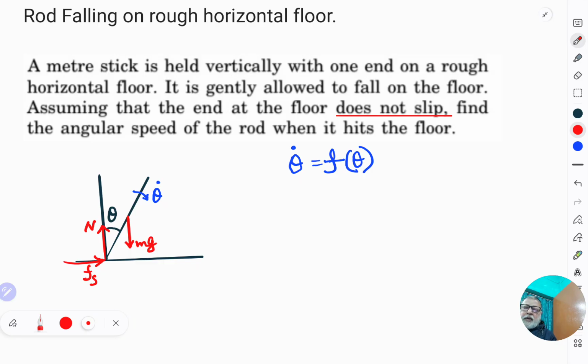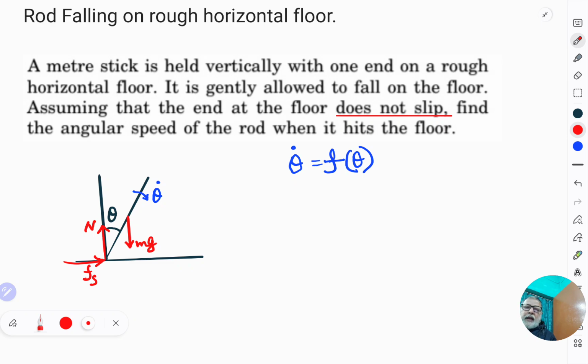Now, this problem we can work out from the principle of conservation of energy, as out of the three forces, the normal reaction and static force of friction are not doing any work because their point of application, the foot of the rod, is stationary. The other force is gravity, which is obviously doing work here.